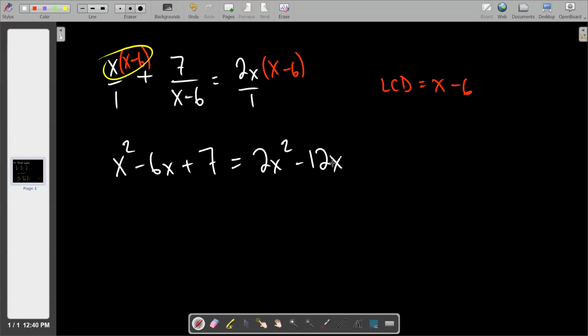So here is the aforementioned quadratic equation, but we're not scared. We know how to deal with quadratics. So with quadratics, we want to pull everything to the side where the x squareds will stay positive. So I'm going to subtract this x squared over, giving me 1x squared. I am going to add the 6x across, giving me minus 6x.